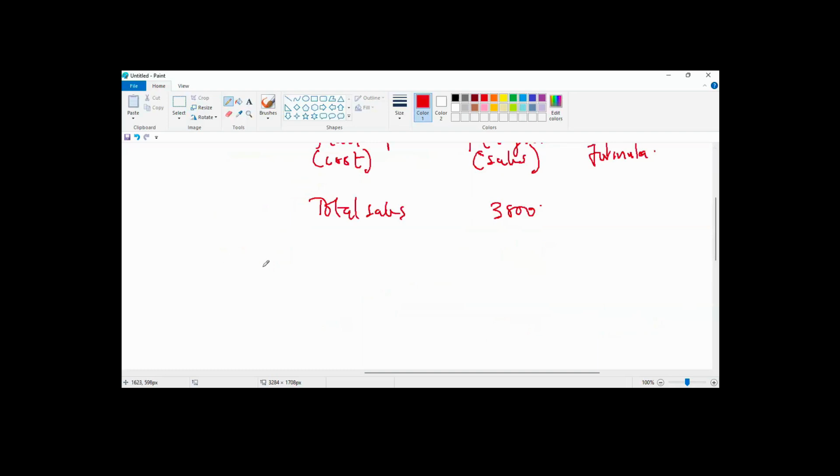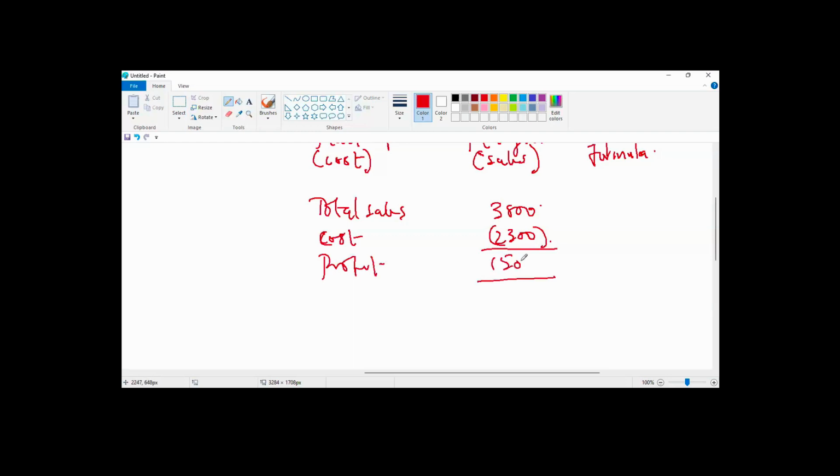These goods cost Super Cup 2.3. Has it made profit? Yes, the one where we apply formula. What is the profit now? 3.8 minus 2.3, that is 1.5.